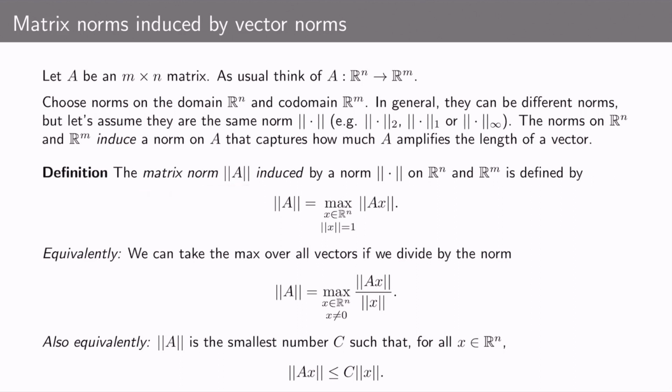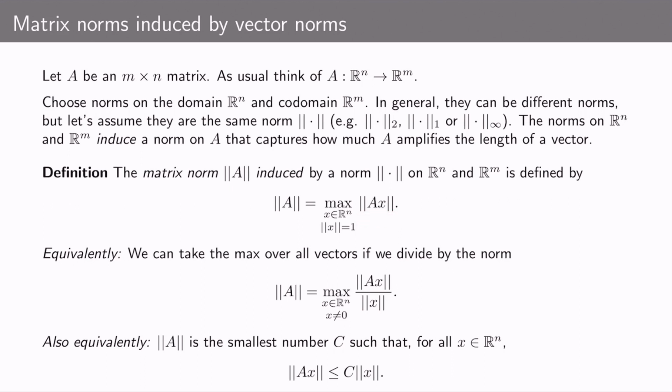Let's see if we can parse the definition of an induced matrix norm, norm A. I'm going to give 3 equivalent definitions, which are pretty closely related, but I'll start with the definition that I think is the clearest and the easiest to understand. So I have a choice of norm on Rn and Rm. I'm going to define the induced matrix norm, norm of A, to be the maximum of norm of Ax over all choices of x with norm 1.